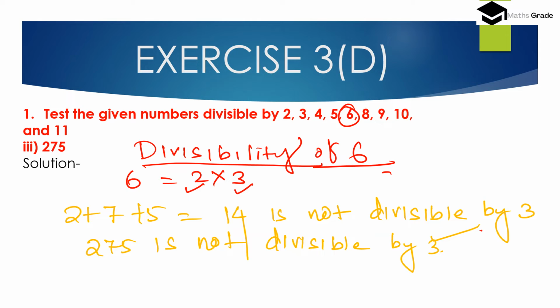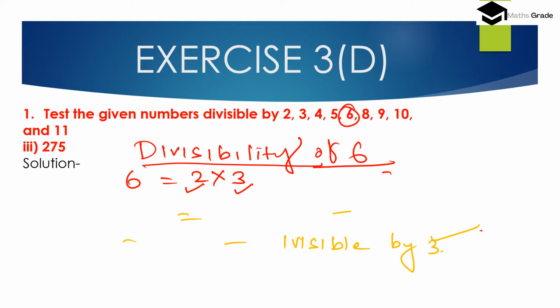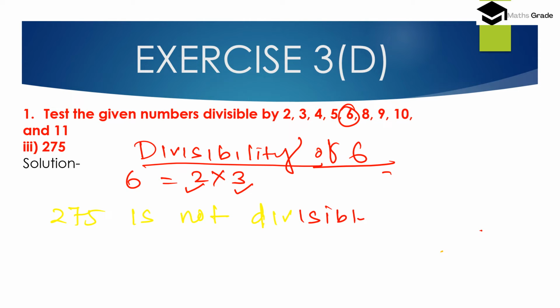The number 275 is not divisible by 2 because the last digit 5 is not divisible by 2, and the sum of digits of the number is 14, which is not divisible by 3. So the number is not divisible by both 2 and 3. So this number 275 is not divisible by 6, because this number is not divisible by both 2 and 3.